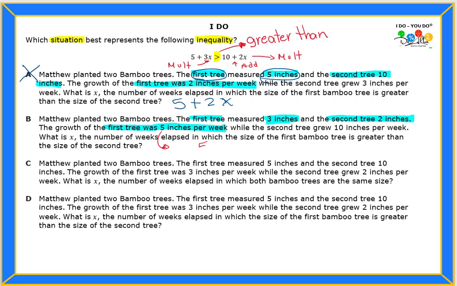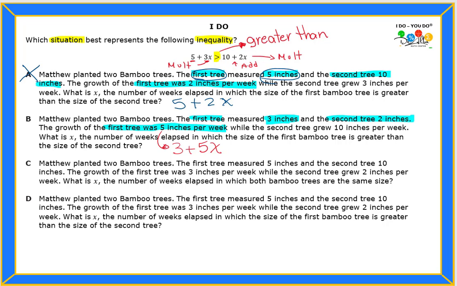Well, it means that the 5 is the one that is going to be multiplied by x. And it says the first tree measured 3 inches. Is that true according to my problem? No, right? The initial height of the tree was not 3 inches. It was actually 5. Because if you notice up here, 5 is the one that is by itself. We call it the initial value, right? So no, then B cannot be my answer either.